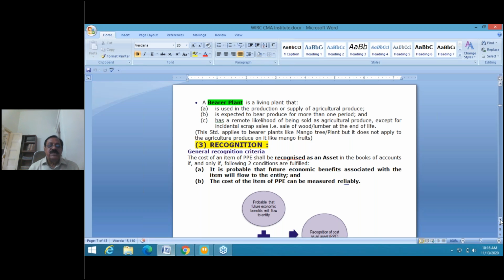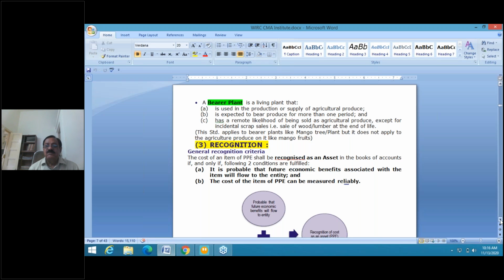So if I have to give a good illustration which easily explains this definition, this standard applies to bearer plants like mango tree, mango plant. See, it covers all the three conditions. Just imagine, it is a living plant, obviously, used in the supply of agriculture produce because it gives mangoes.